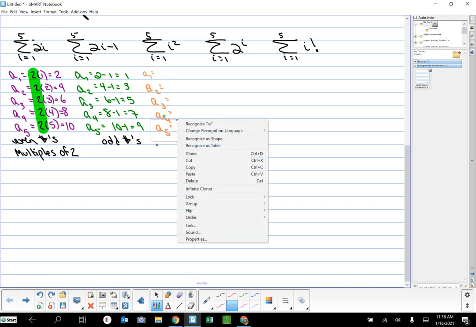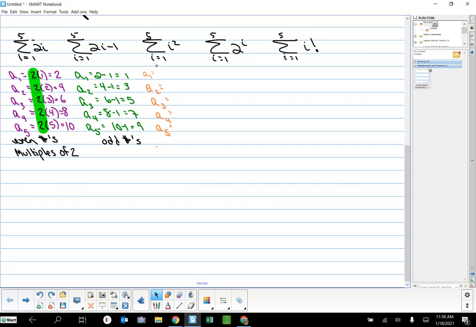So this guy, what we're doing is taking the i value, the subscript, and raising it to the second power. 2 squared, 3 squared, 4 squared, 5 squared. So here I'm just building perfect squares, right? 1 squared is 1, 2 squared is 4, 3 squared is 9, 4 squared is 16, and 5 squared is 25.